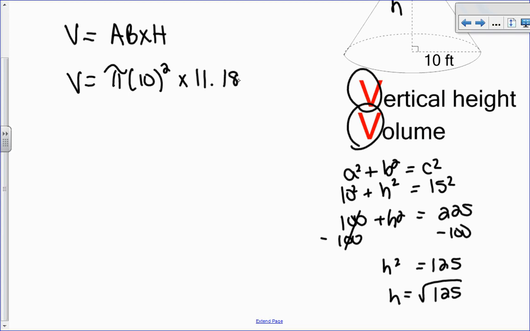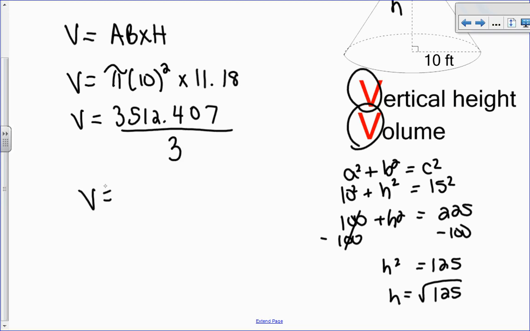Now I'm keeping that number on my calculator, even though I'm only writing down a couple digits. So I'm going to multiply that number that's already on my calculator by 10 squared, multiply it by pi using my pi key, and I get a volume of 3,512.407. I'm leaving that on my calculator, but because it's a cone, remember I need to divide that by 3.